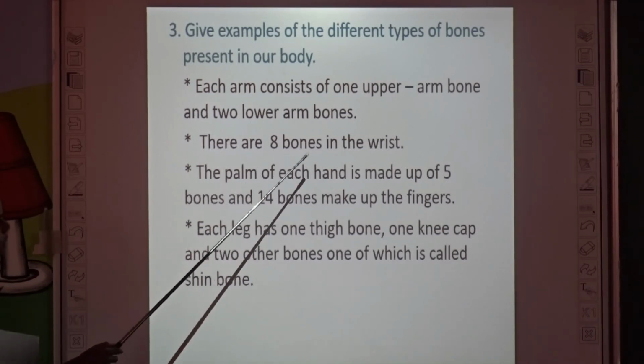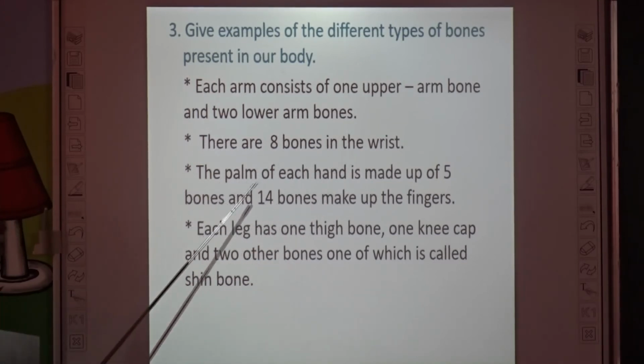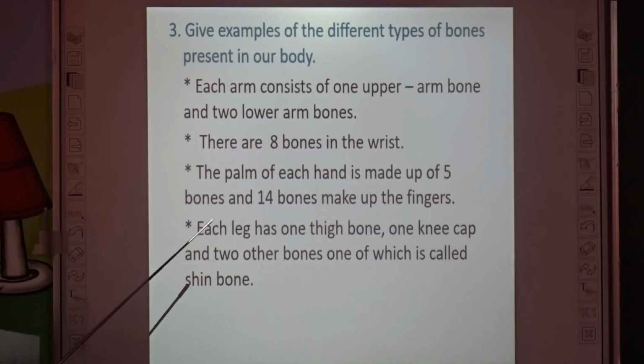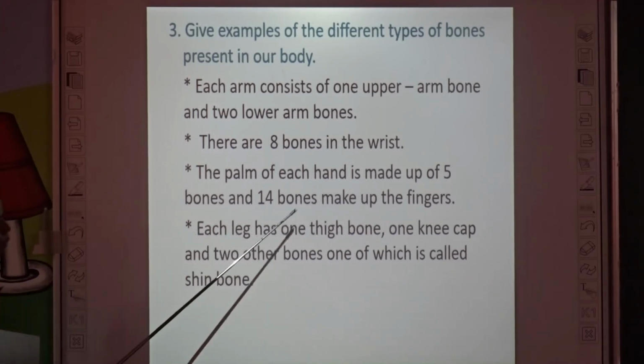How many bones are present in our wrist? There are 8 bones in the wrist. Then the palm of each hand is made up of 5 bones, and 14 bones make up the fingers.